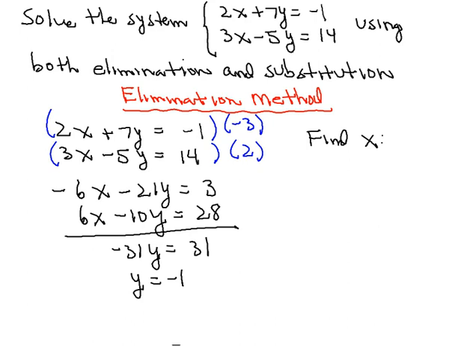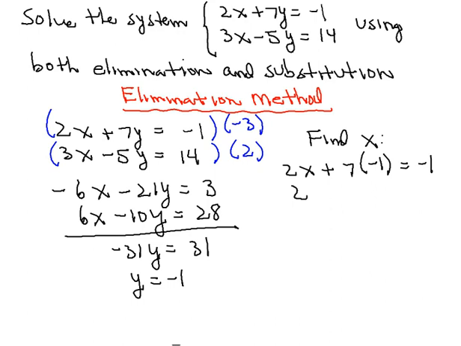and we'll do that by substituting the value for y back into either original equation. And I'm going to choose the first equation, so we're going to have then 2x plus 7 times -1 being equal to -1.